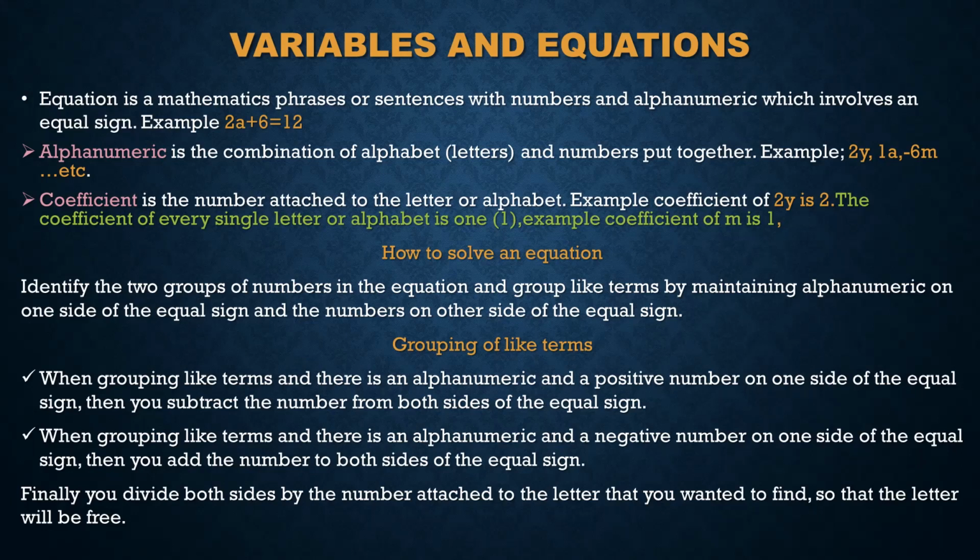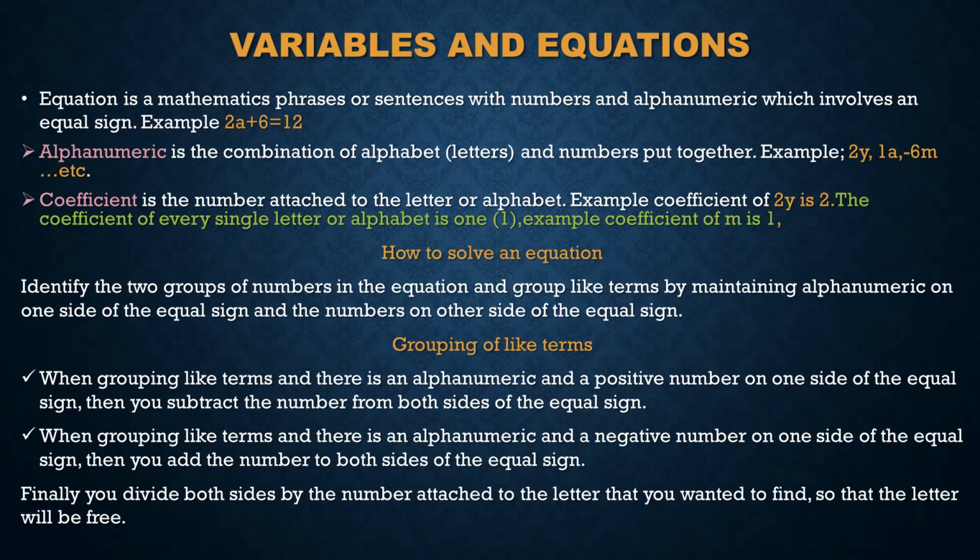Let's see how to group like terms. When grouping like terms and there's an alphanumeric and a positive number on one side of the equal sign, then you subtract the number from both sides of the equal sign.